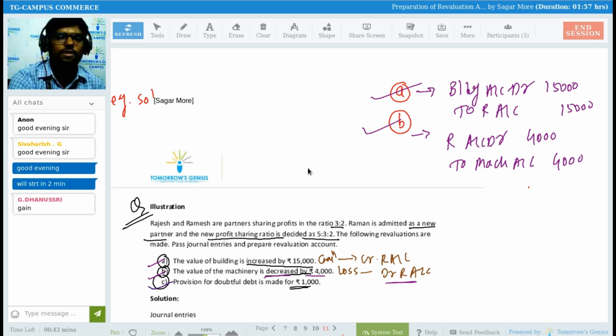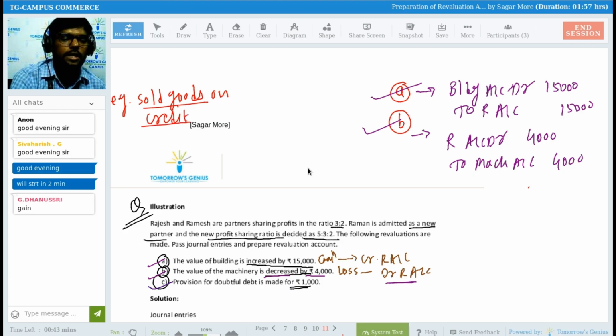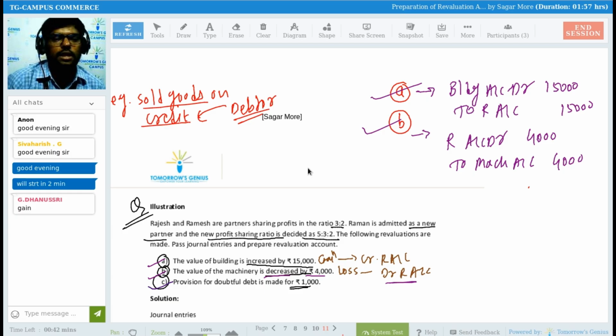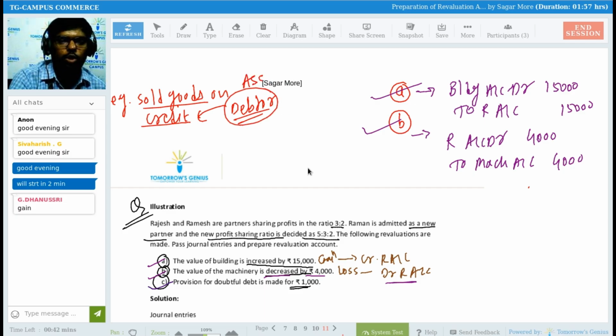If we sold goods on credit, it means we have to recover money from customer, and that customer is known as debtor. So debtor means the person from whom we have to get money. So debtor is your asset always, right?